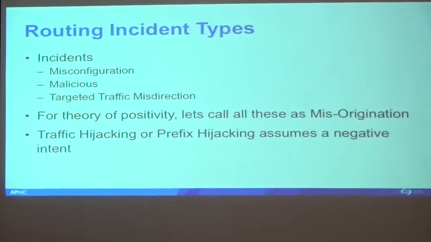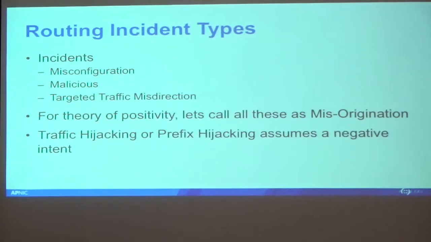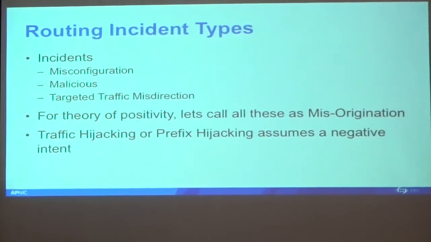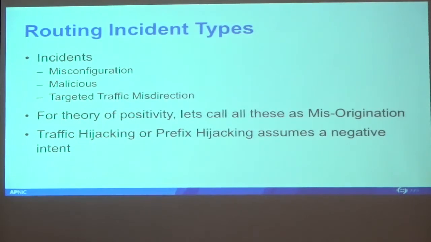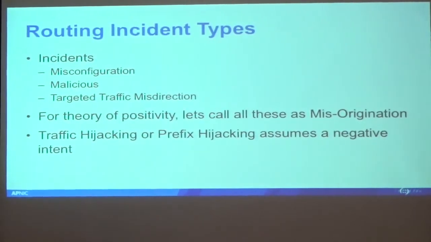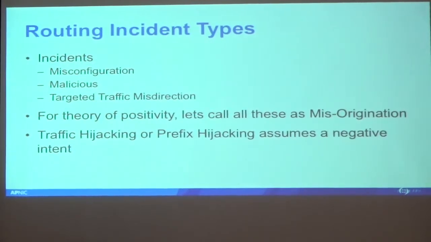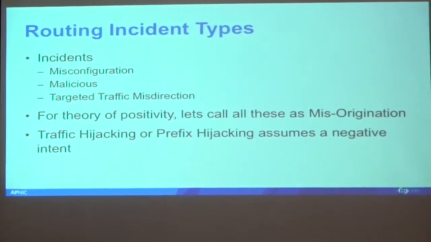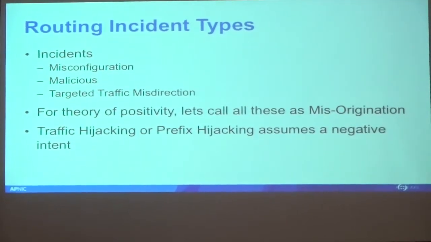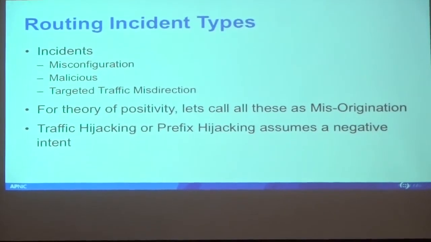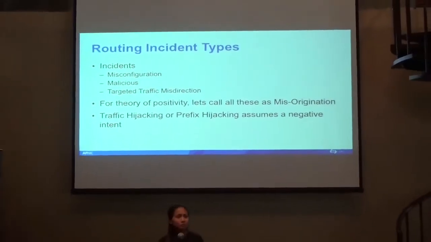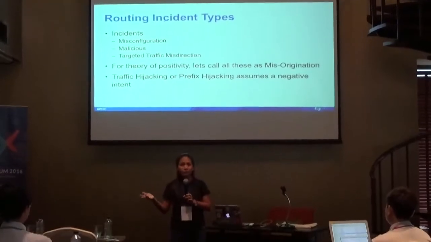BGP is a very trusting protocol. Learning about these routes is basically what you get from your peers. How do I now check whether they are the rightful organization to announce those prefixes or those blocks? How many of you have your own IP prefixes? I'm sure many of you do.